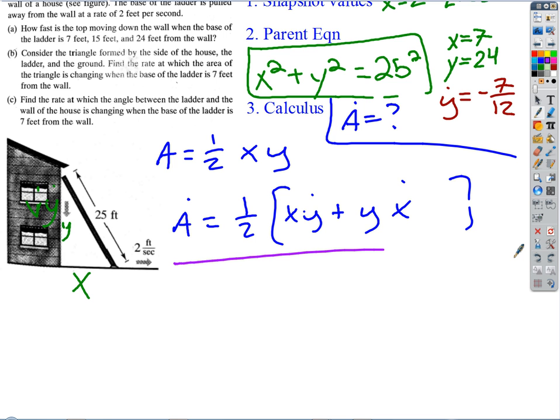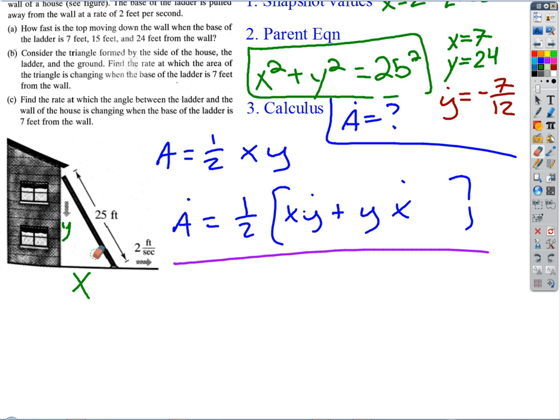Now part C. Find the rate at which the angle between the ladder and the wall of the house is changing. We know lots of stuff here, right? We know x and y, and we know the length of the ladder.